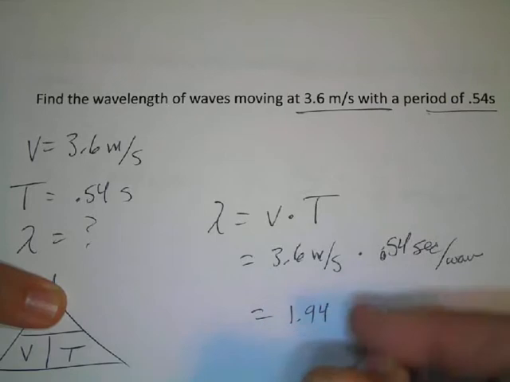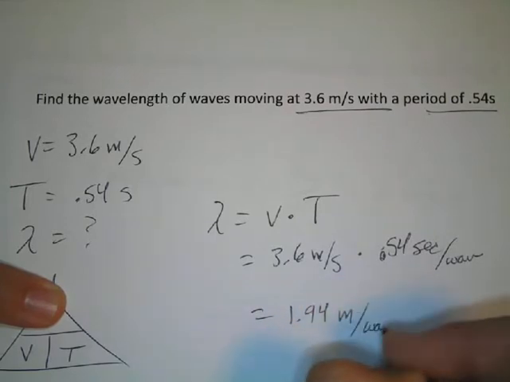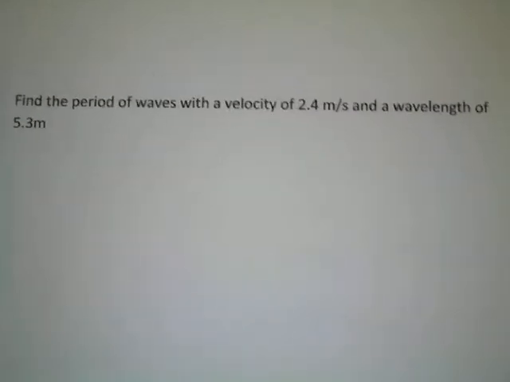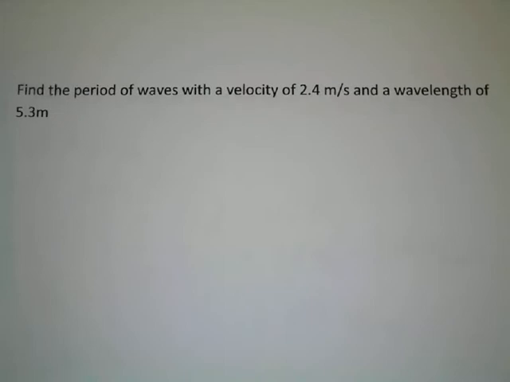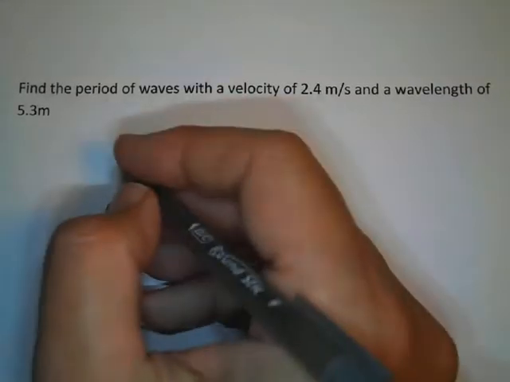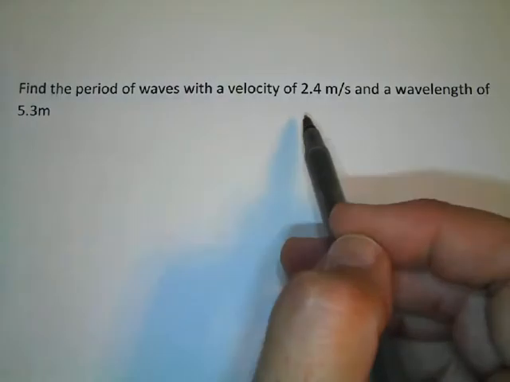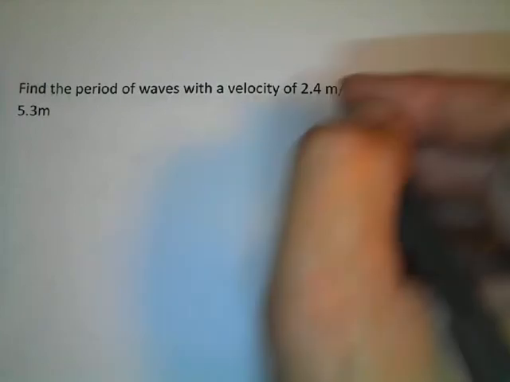All right, one more. This final one, which I'm sure you've figured out the pattern here, will be using that second equation too. Find the period of waves with a velocity of 2.4 meters per second and a wavelength of 5.3 meters. So I'm given a velocity of 2.4 meters per second and a wavelength of 5.3 meters. In this case, I'm finding the period.